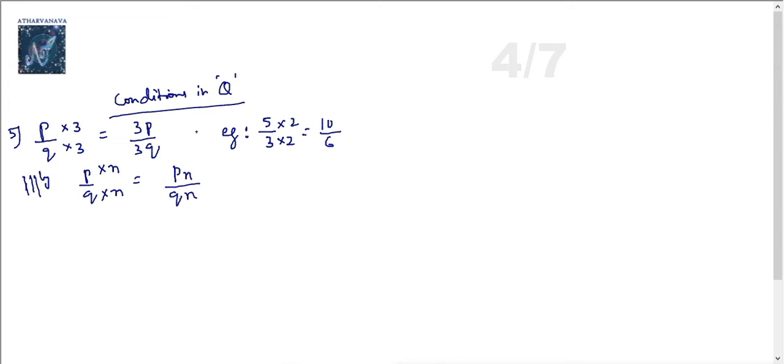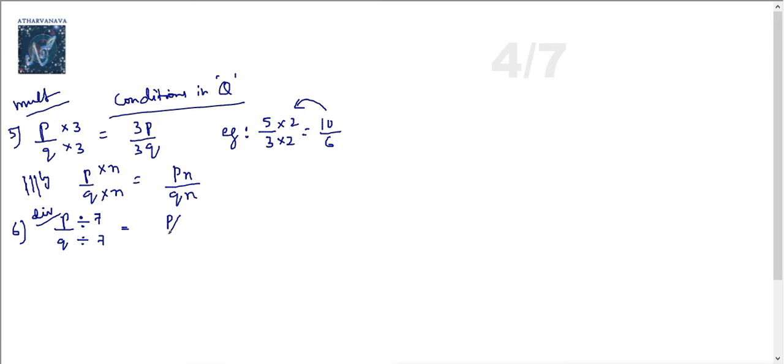You can use this concept in reverse actually. 10 by 6 is given, you can convert it into the actual rational form, because this still has something common, 2, isn't it? You can bring it back to the original form. Similarly, it applies with division as well. This is multiplication, this is division now. Division concept is also the same thing. P by Q, P divided by say 7, Q divided by 7.